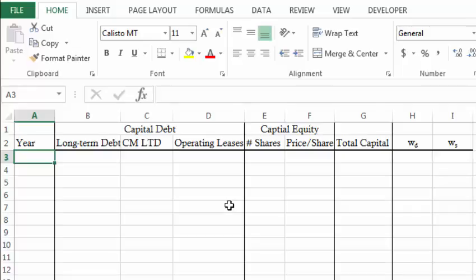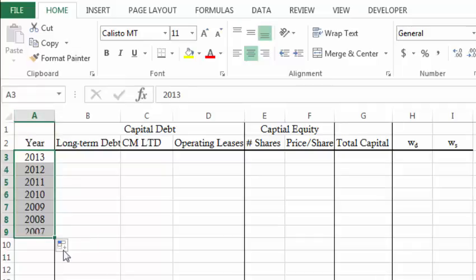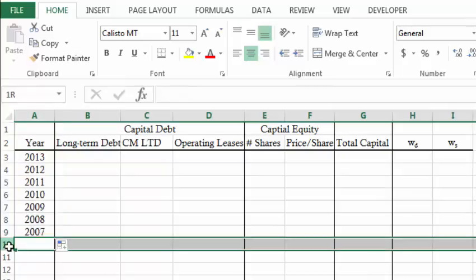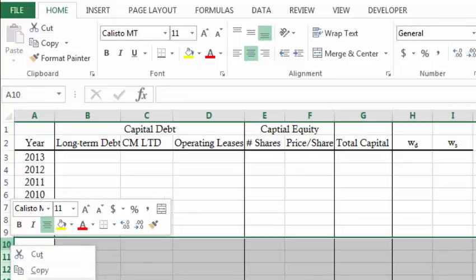So I think the way they're done, since they're going to come off of the balance sheet, etc., I'm going to do 2013, 2012. And again, these probably can be centered. Highlight those and move back to about 2007. I have that many in my financial statements, whereas you may not.